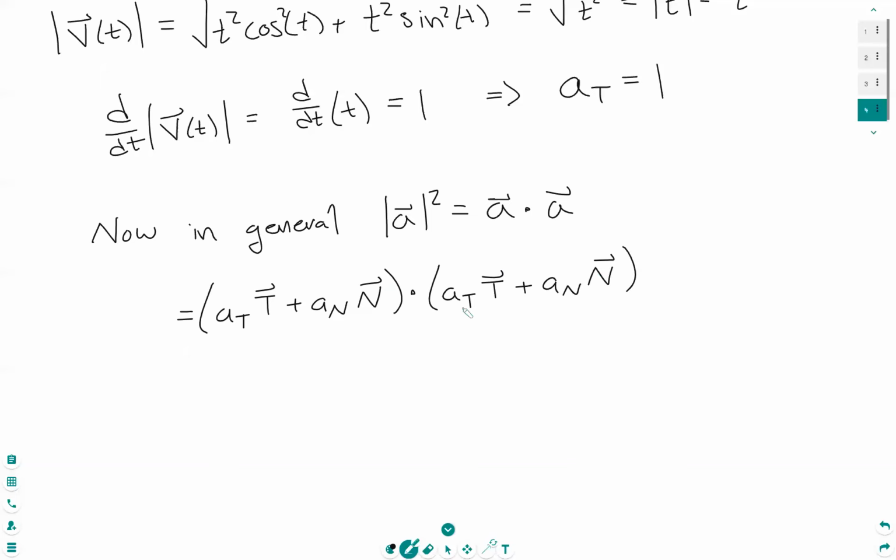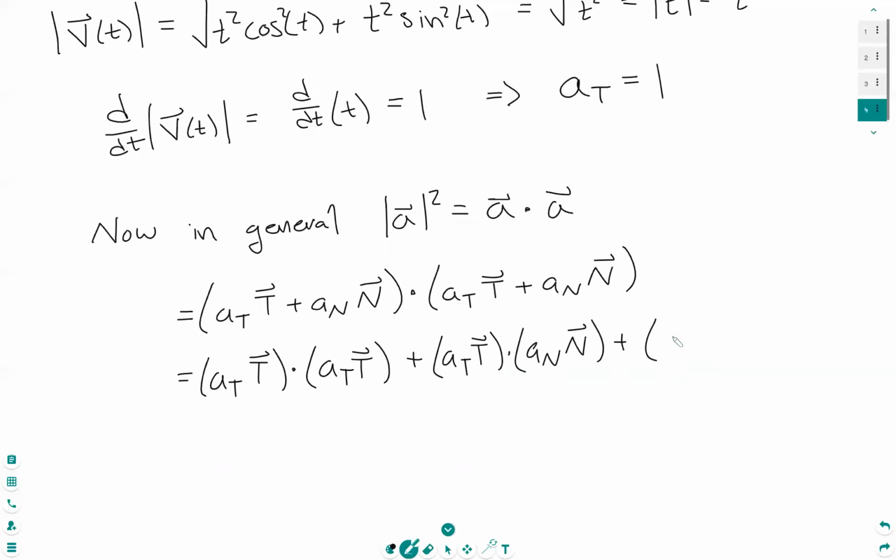Right? Okay, well, when I do this dot product out, I'll get at in the t direction dotted with at in the t direction, plus at in the t direction dotted with an in the n direction, plus an in the n direction dotted with at in the t direction, and then finally an in the n direction dotted with an in the n direction.